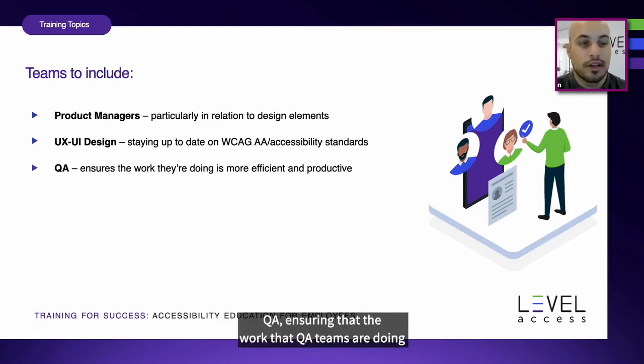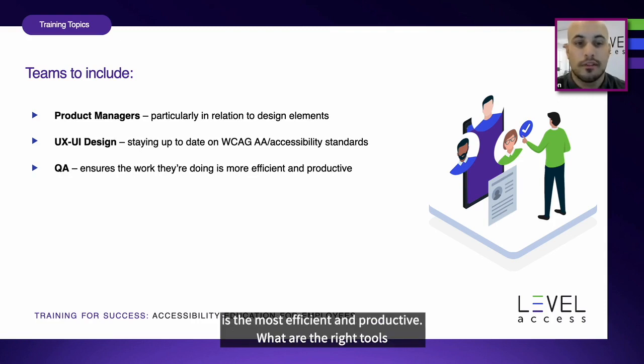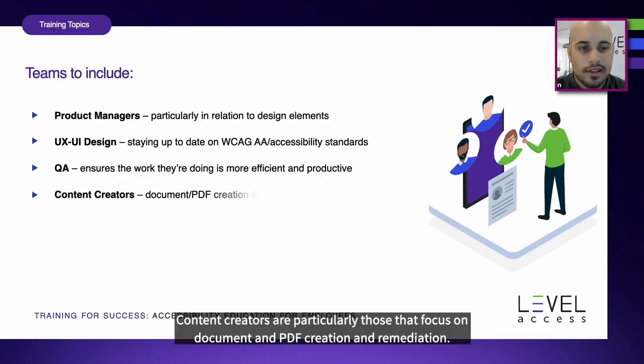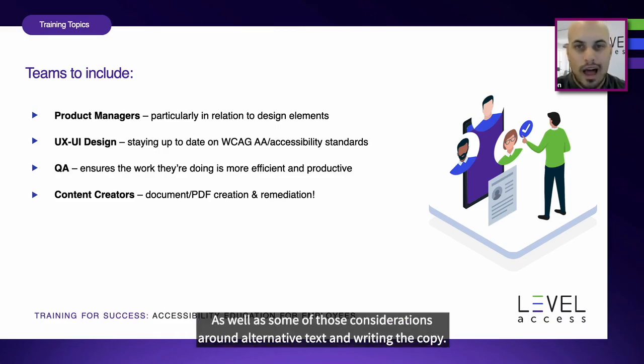QA, ensuring that the work that QA teams are doing is the most efficient and productive. What are the right tools that are helping QA analysts and QA engineers to identify accessibility issues, to report on them, and to move efficiently through that testing process? Content creators, particularly those that focus on document and PDF creation and remediation, as well as some of those considerations around alternative text and writing good copy.